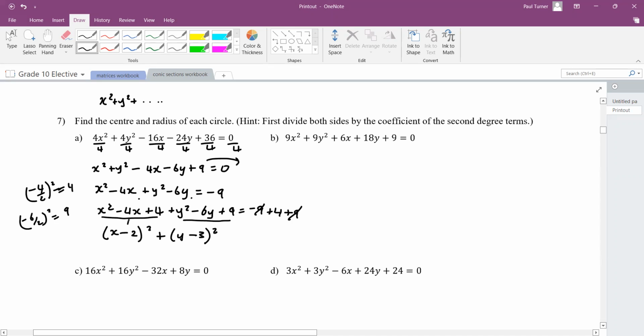So these are equivalent, equals 4. So then we can see the center will be 2 and 3. And the radius is going to be the square root of this, because this is equal to r squared. So r will be 2. So that's the answer for 7A.